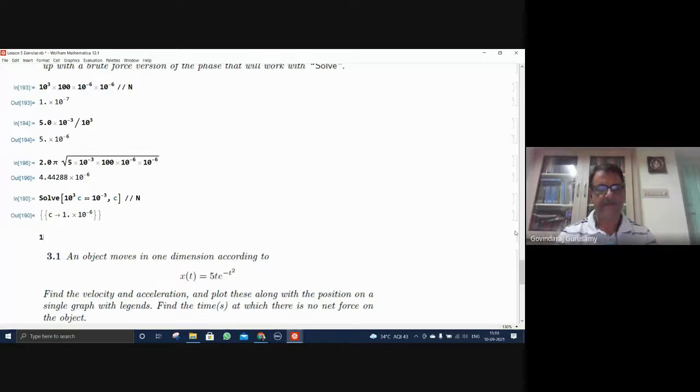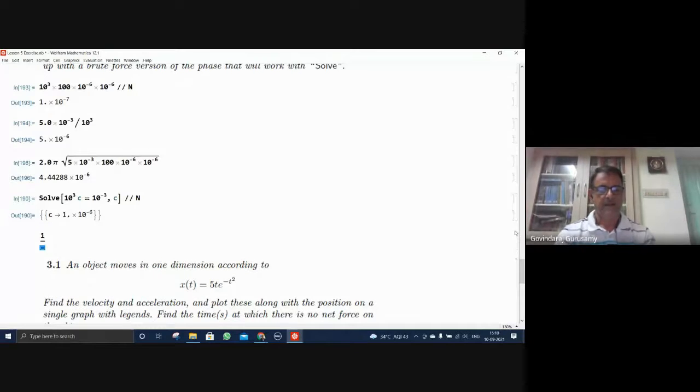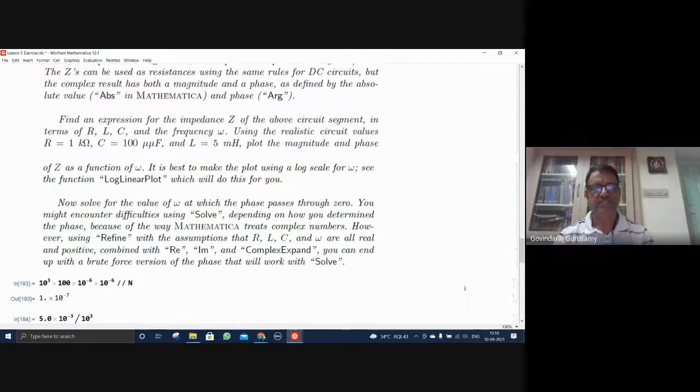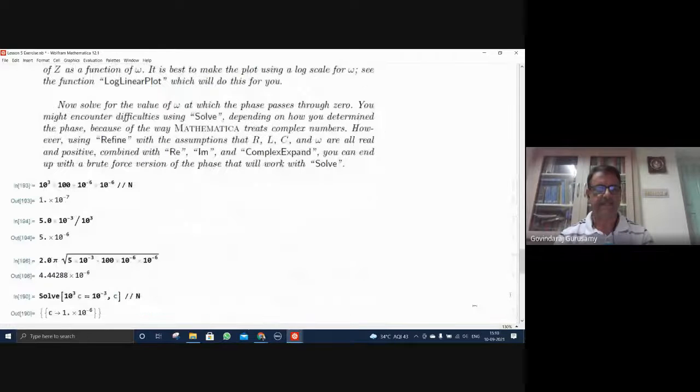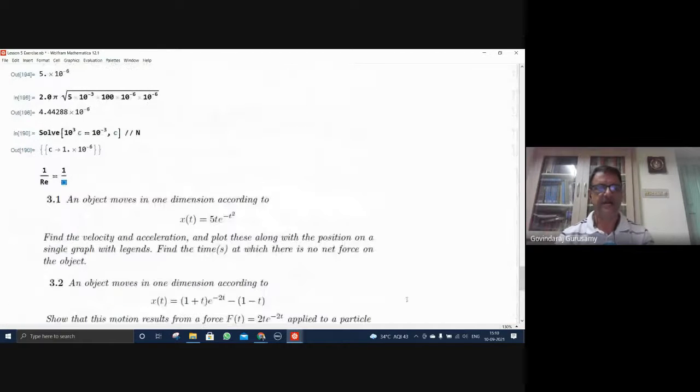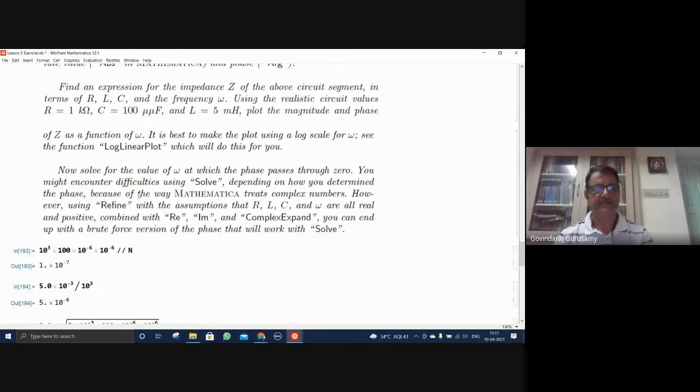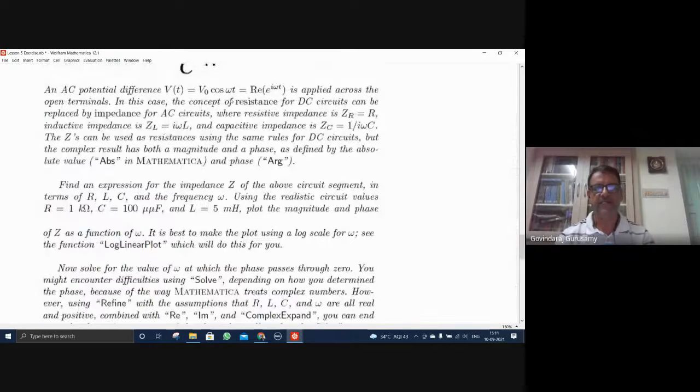1 by R effective equals, sorry, this is 1 by... what is the first one? It is R itself, is it not? ZR equal to R, plus, what is the other resistance? When you use C alone, L equal to 0.